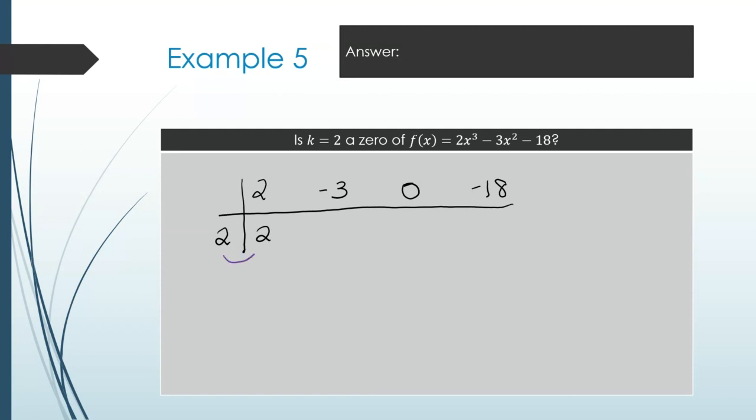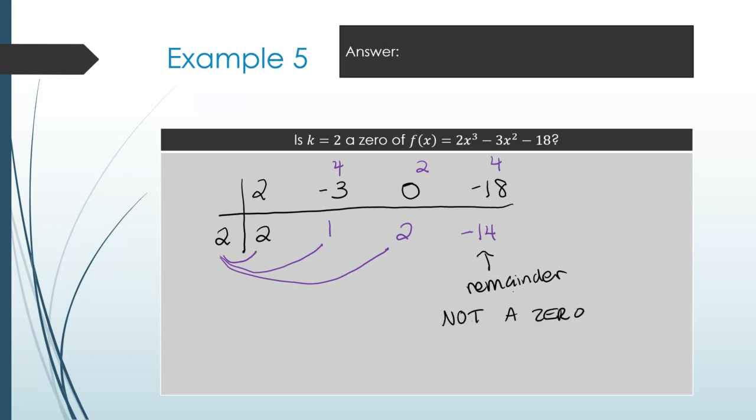So now I multiply, 2 times 2 is 4, 4 minus 3 is 1. 2 times 1 is 2, 2 plus 0 is 2. 2 times 2 is 4, 4 minus 18 is negative 14. Because I got a remainder, it is not a 0.